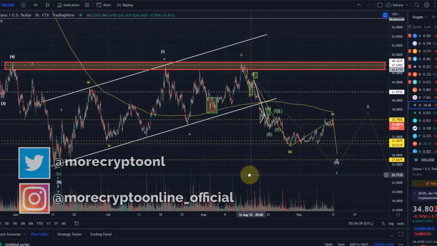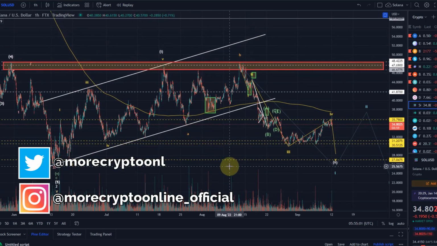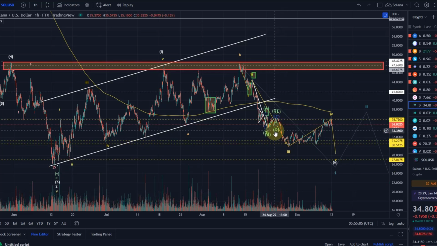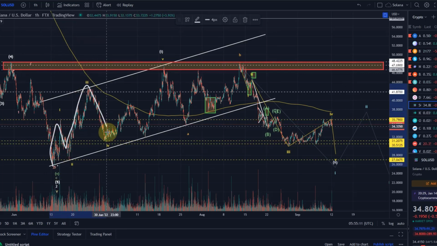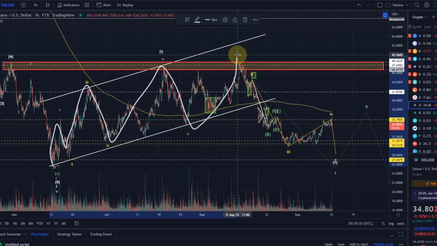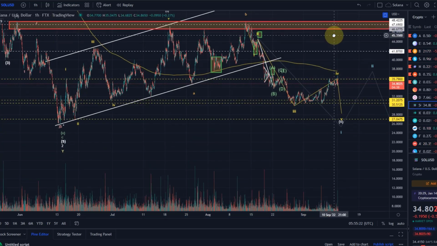I just want to clarify something. I had a few questions why I'm not talking about the bullish scenario anymore. Well, the bullish scenario is actually visible on the chart here. You can see this by understanding that this is a leading diagonal in a wave 1. And then we came down in an A, B, and that's the question, C here, and that we are now moving up in an impulse to the upside from here.